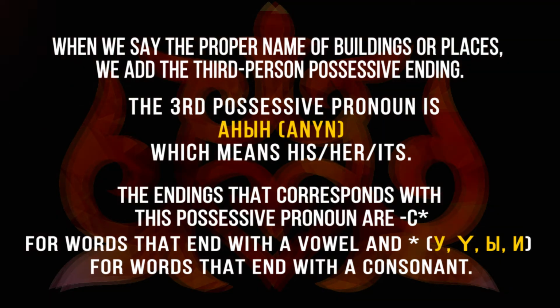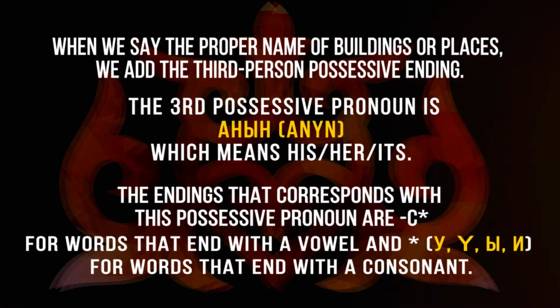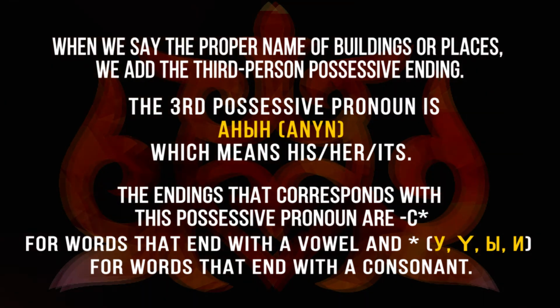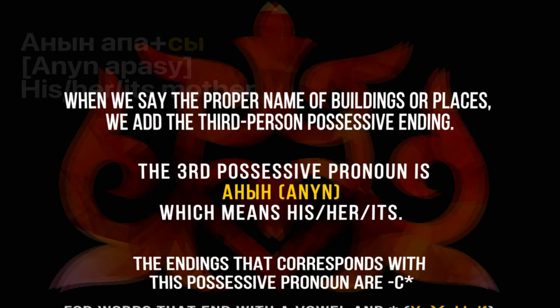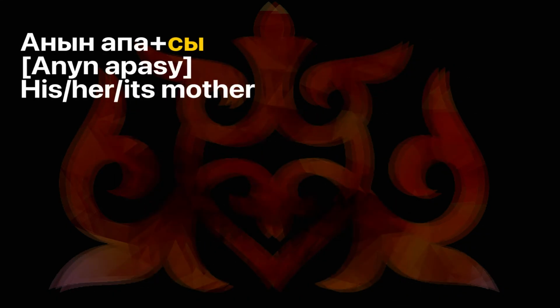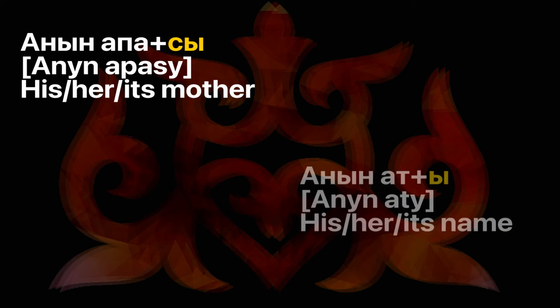The endings that correspond with this possessive pronoun are s for words that end with a vowel, and ı, i, u, ü for words that end with a consonant. For example, anın apası, his, her, its mother. Anın adı, his, her, its name.